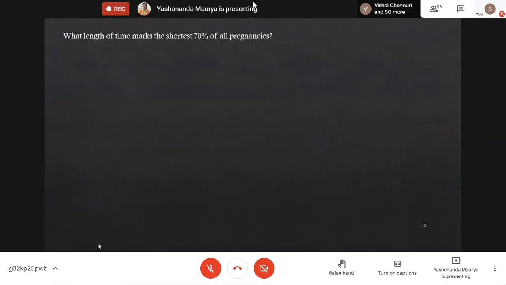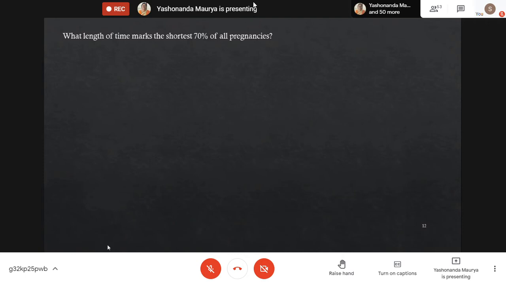Now, what is this one? What length of time marks the shortest 70% of all the pregnancies? Now, how do we do this one? Shortest 70% of the pregnancy.